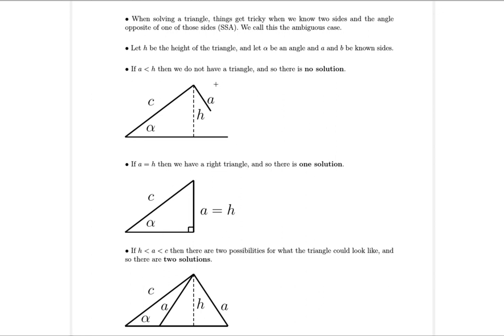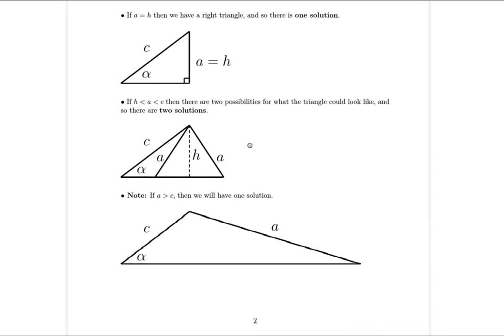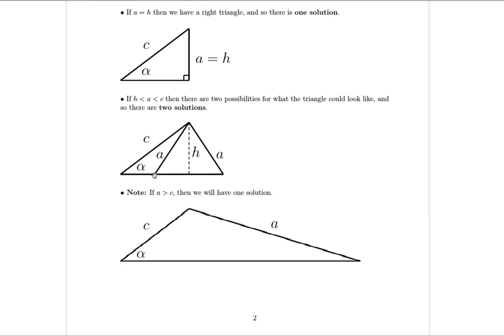Another case is down here, where this third one is what we just saw: there are two ways it could have turned out. A could have been right here, but you also could have swung it in like a door to be here and still preserve the same length, the same angle, and this side.